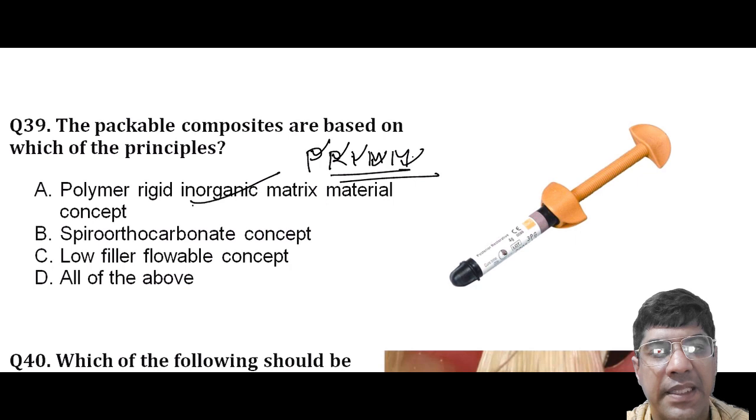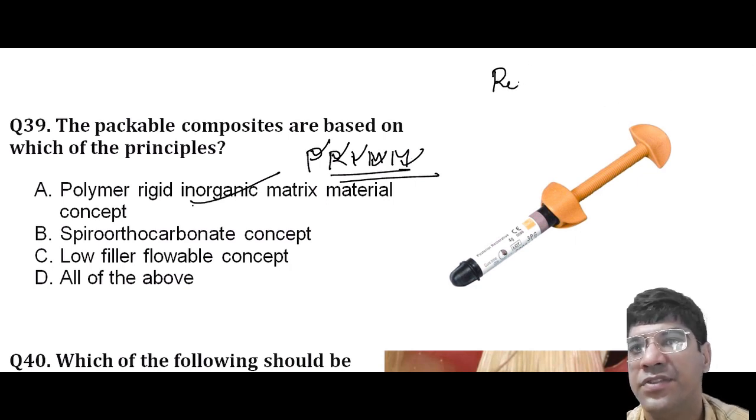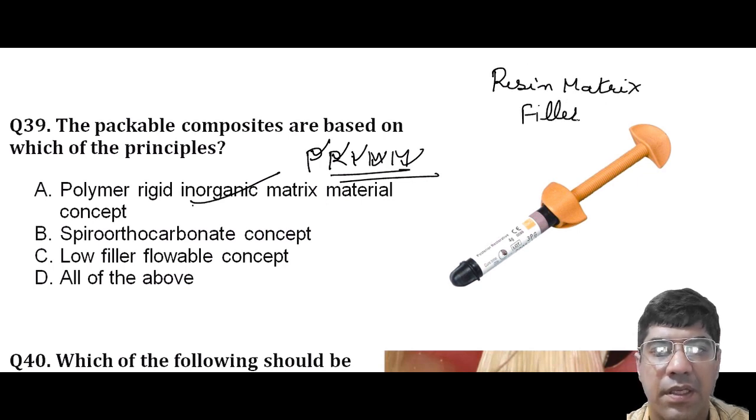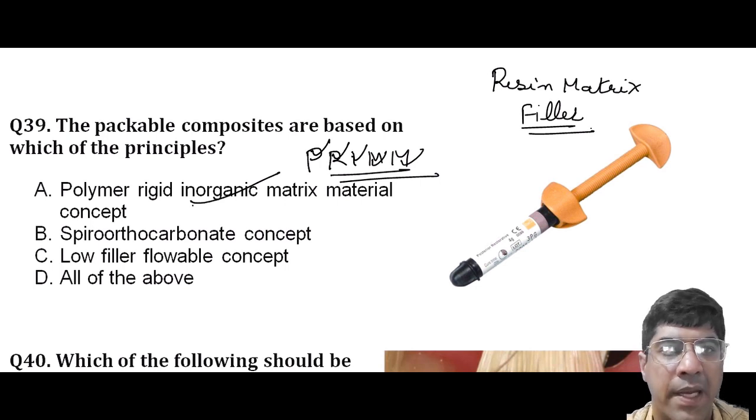Traditionally, dental composites consist of a resin matrix mixed with filler particles, where the resin will encapsulate the filler particles. However, packable composites are made up of two components.